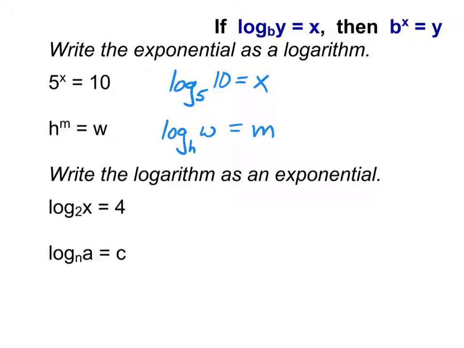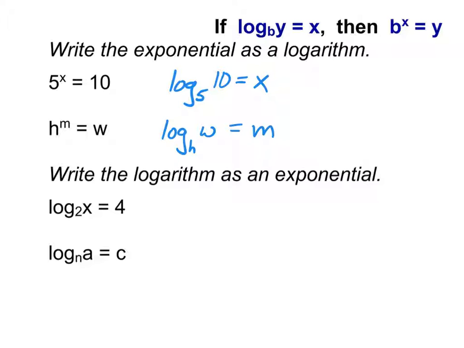On the bottom two now, we're doing the exact same thing, but we're doing it backwards. So I'm going to be writing an exponential next. Now notice that means I'm not starting by writing log. I have the log already. I'm trying to get rid of it by rewriting this in exponential form. So the very first thing I want to do is grab that b value. Well, the b, remember, is the base.